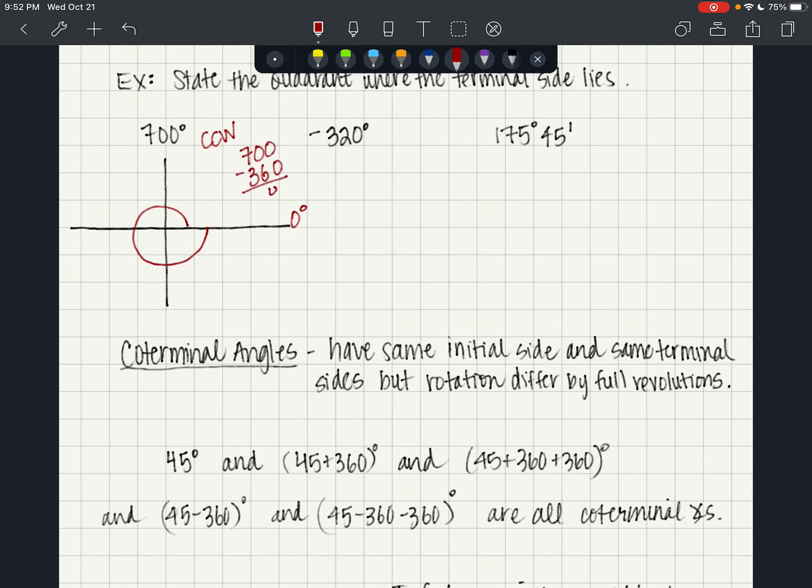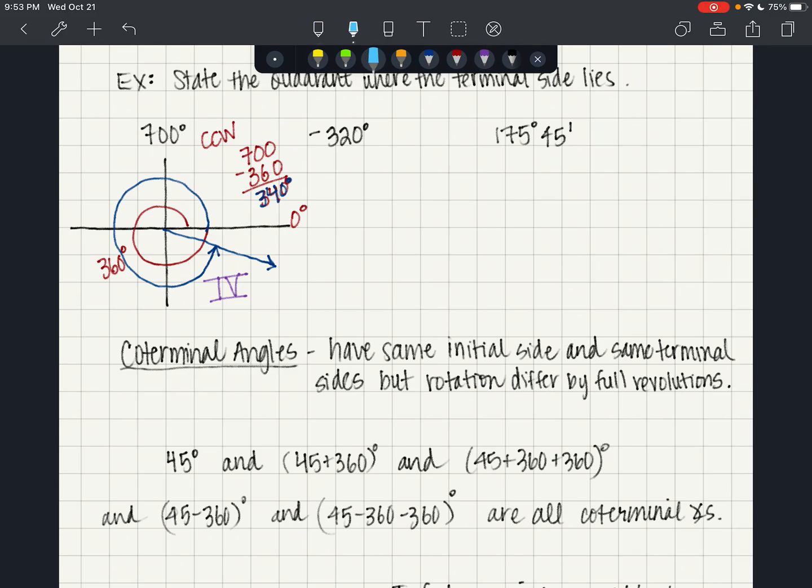So this is going to be 360 plus 340. So here's 360 degrees plus another 340 degrees. So 340 degrees is going to be just 20 degrees shy of going all the way around a second time.